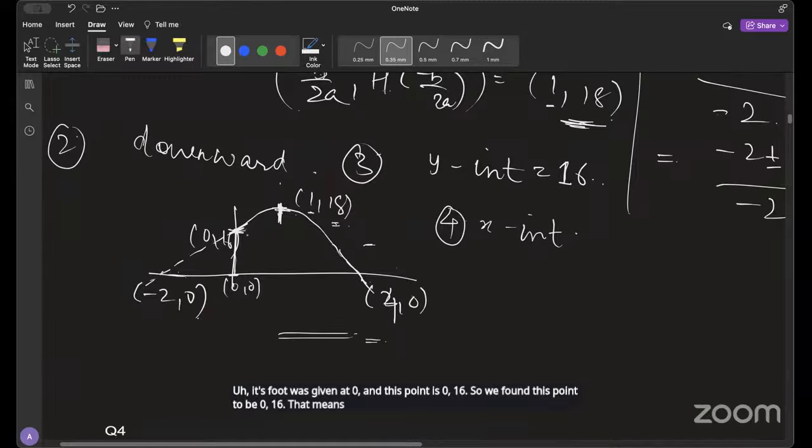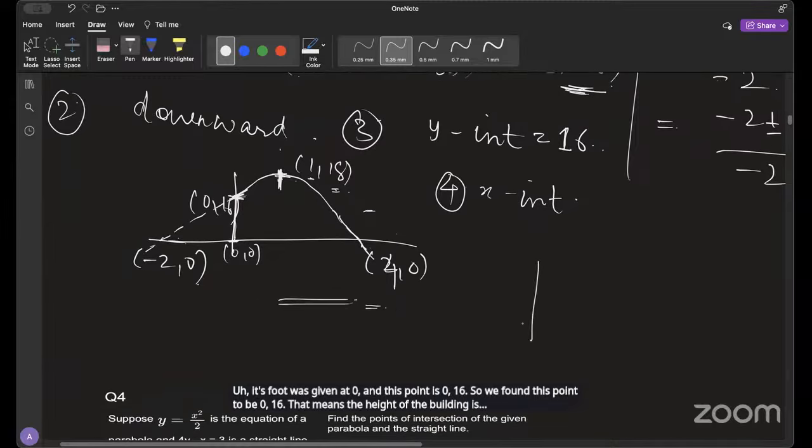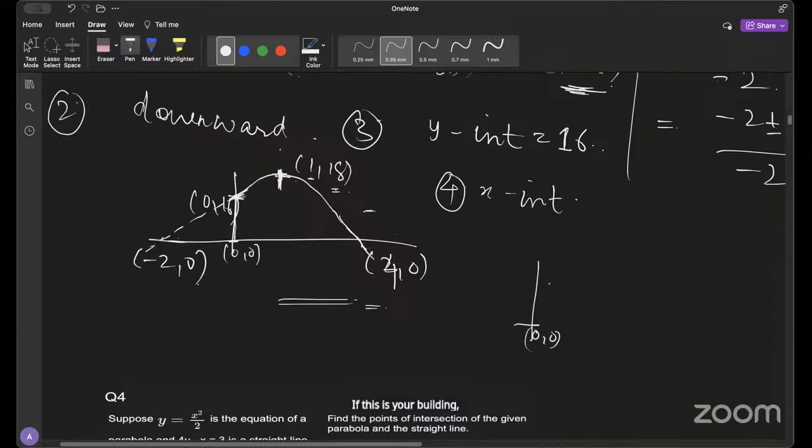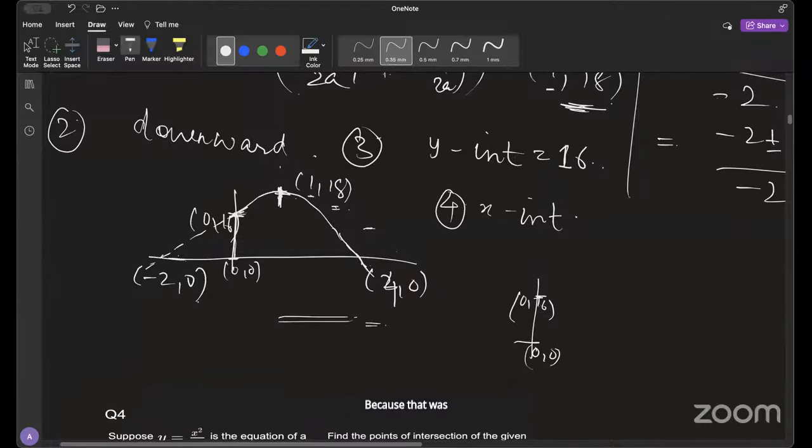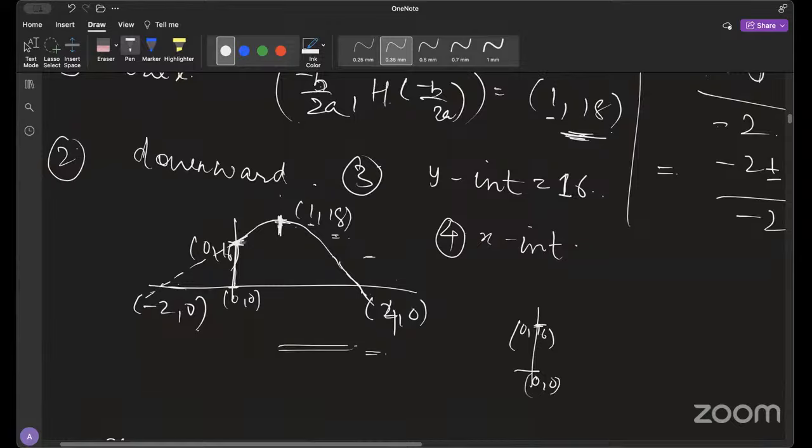That means the height of the building is 16, if this is your building, 0, 0 is the foot, and 0, 16 is where that person is standing, because that was your y-intercept. The person who threw the ball from the building is standing here, because the person has to stand on this trajectory, right?